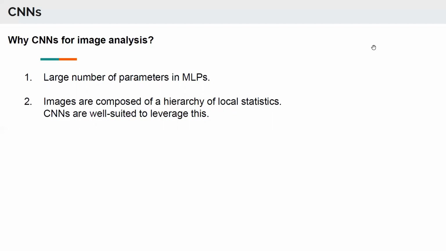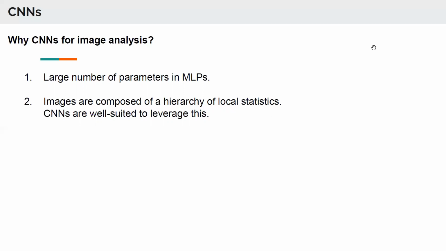And then if you merge together a few edges, a few corners, a few of these low-level features, then you start getting more complex features. You can generate circles or squares and shapes like this. And then by combining these mid-level features further, you can get even more complex features.